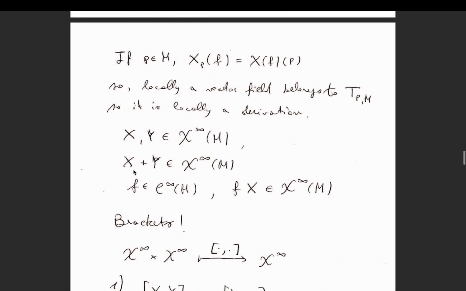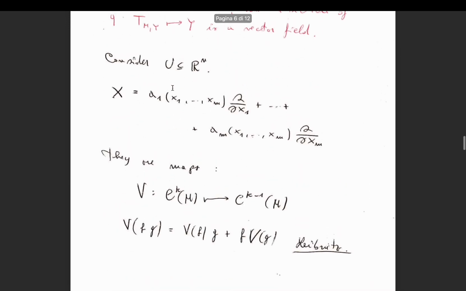Now, it's straightforward that in case the coefficients are smooth, then the vector field is a smooth vector field and is a first order differential operator over the space C infinity.